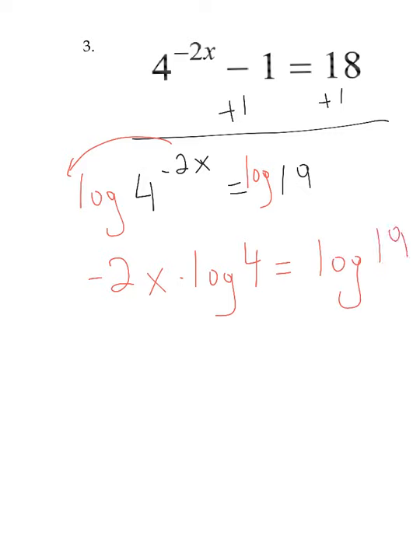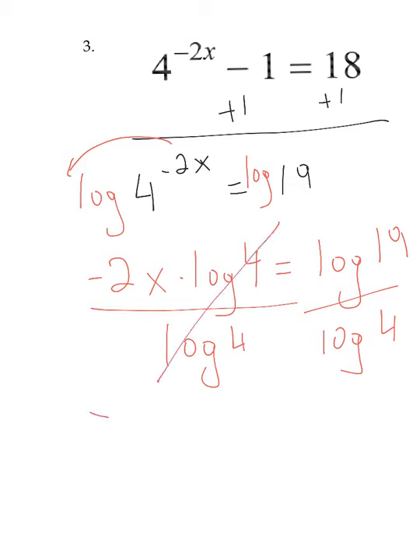Look at your goal. Your goal is to get x by itself. So I'm going to do this in 2 steps. First, I will divide by log 4, but whatever you do to the left side, do it to your right side. This cancels, so I get negative 2x. Using your calculator, please put in log 19 divided by log 4, and see what you get. My TI-84 is telling me 2.124.